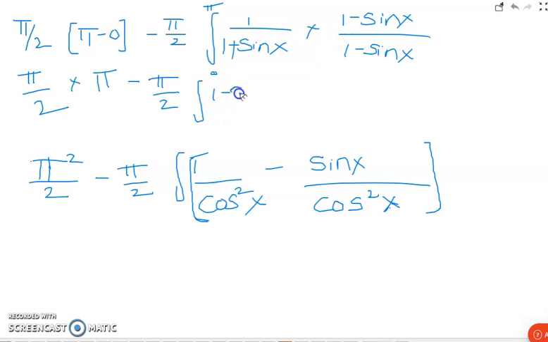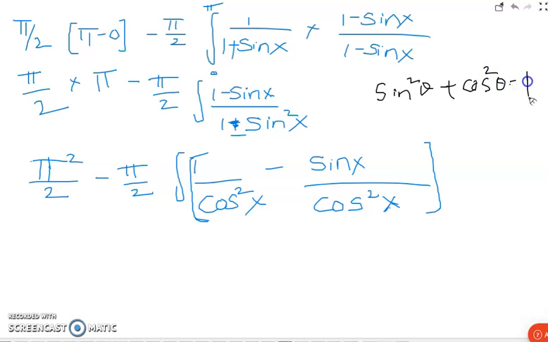The numerator is 1 minus sin x, and the denominator is 1 minus sin square x. We know the formula: sin square theta plus cos square theta is equal to 1, so 1 minus sin square theta is cos square theta.